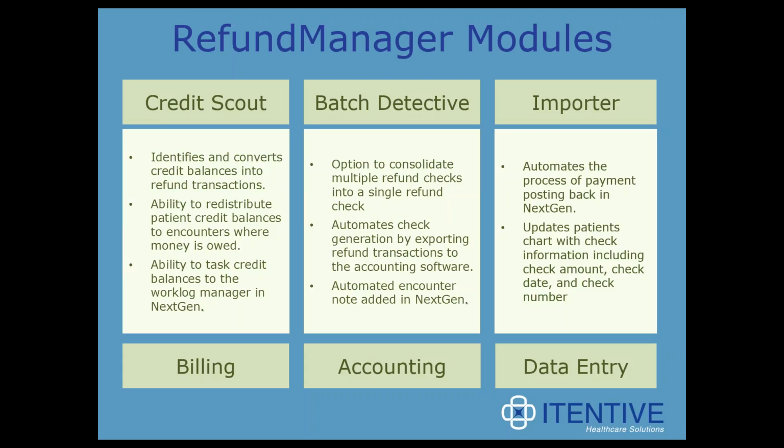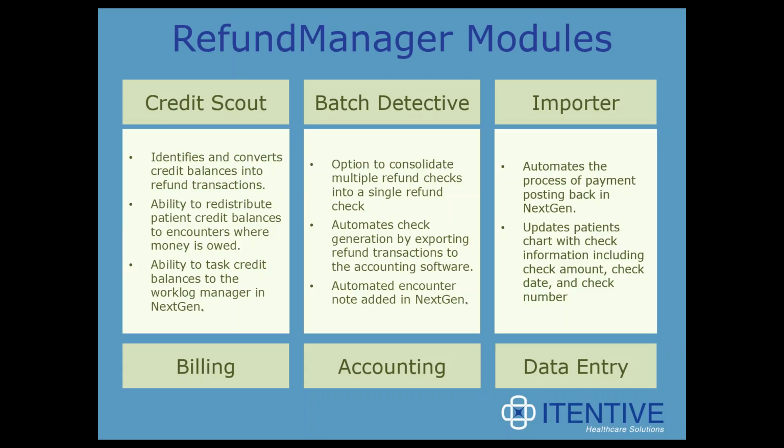It also gives you the ability to redistribute that credit balance to an account that has an open balance on it. And as I mentioned earlier, it gives the ability to task that credit balance out for further research by tasking it out to the work log manager. The Batch Detective module is the module that brings the refund check information over into the accounting system.